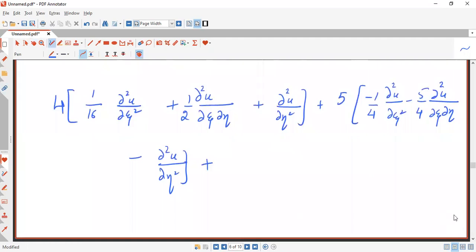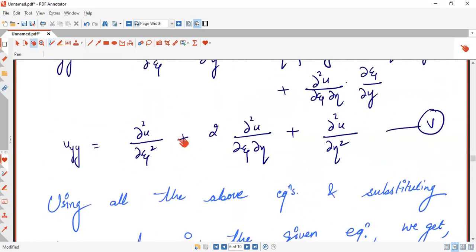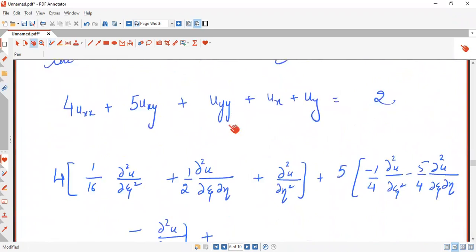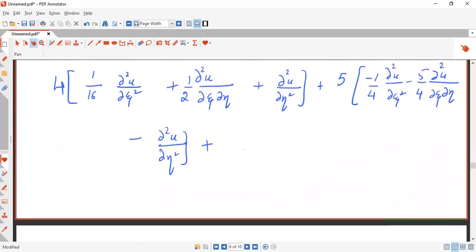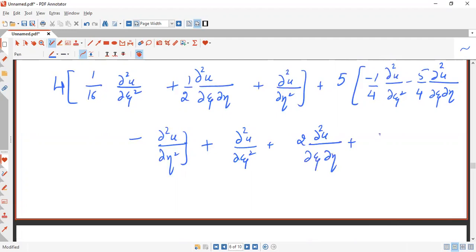Uyy we have got already here: 1, 2, and 1. Plus ux plus uy. Put the values, you get the answer.